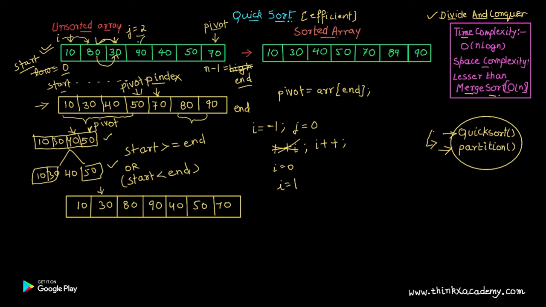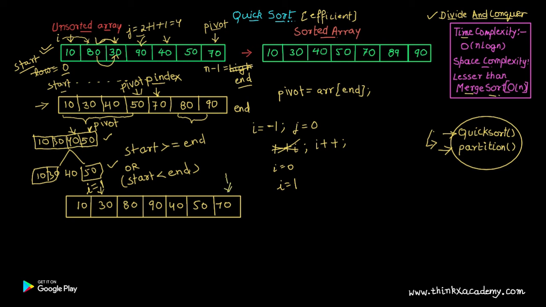Now j will come at this next position, and it will again compare this value with the pivot element. We know that this 90 is not less than or equal to the pivot element, so we are going to move j by 1. Now j will be equal to 4. Now we will see that this 40 is actually less than the pivot element. We know that i is now going to point to this position 1.